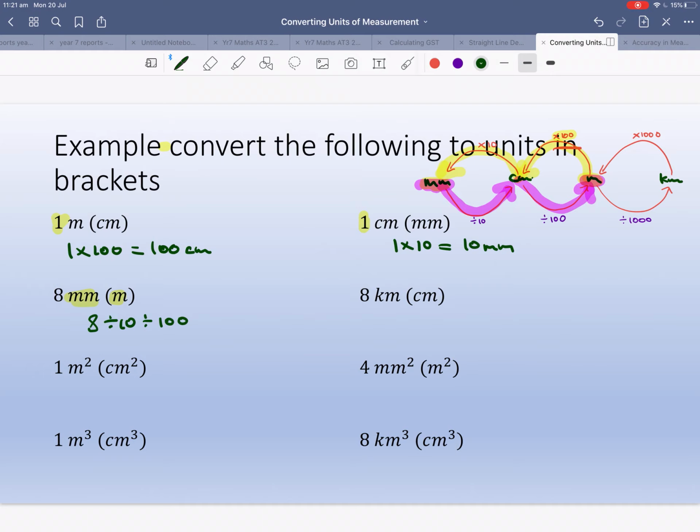So we can just write it like that. And I'm doing it here in my calculator, and I get 0.008, and our new units is meters. All right, so 8 millimeters is 0.008 meters.